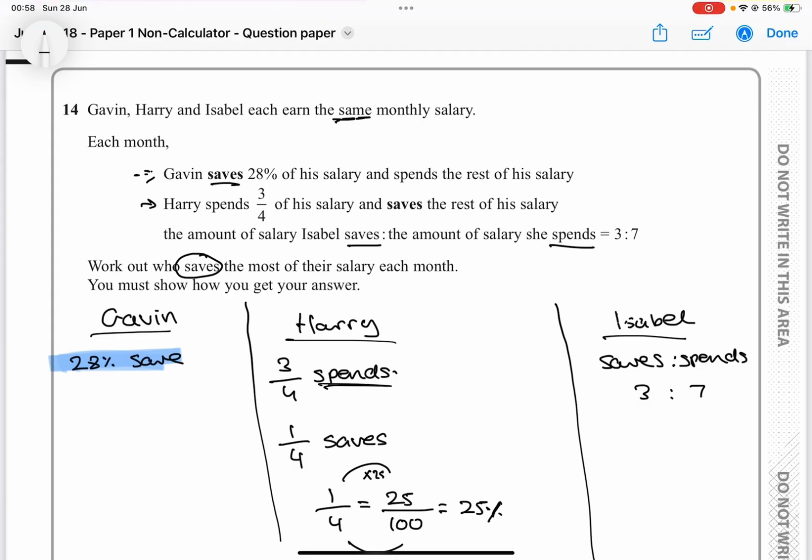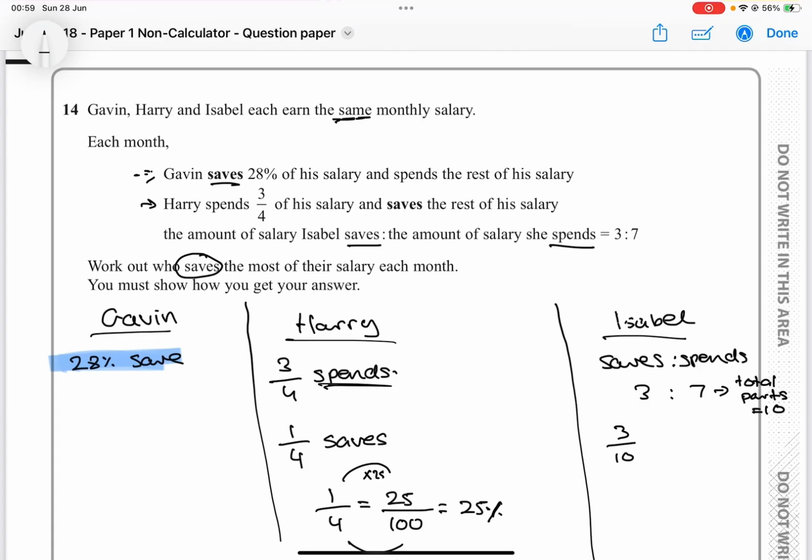So I'm going to work out the fraction of how much of her salary she saves. So that'll be 3 out of 10, okay? Why out of 10? Because the total parts is 10. 3 plus 7, that's your total parts.